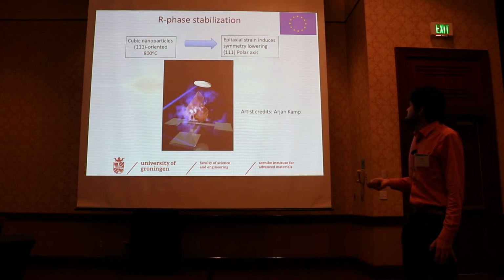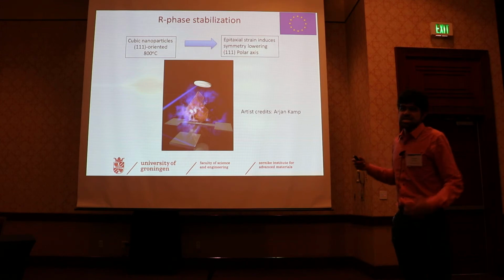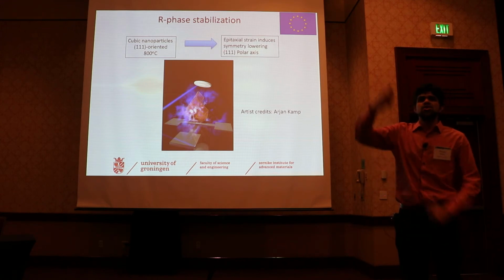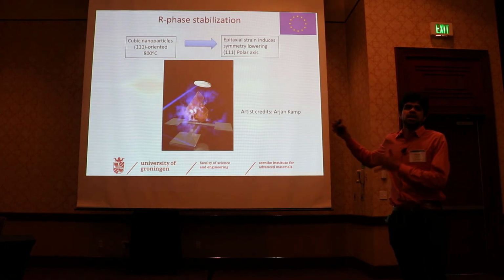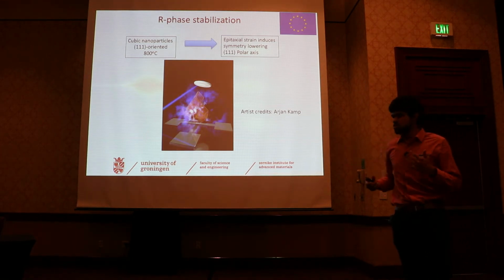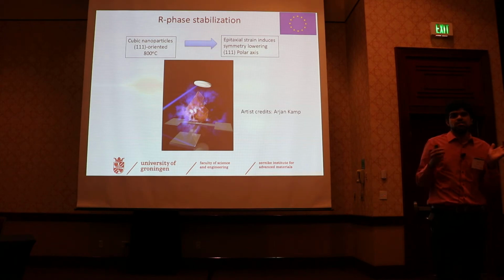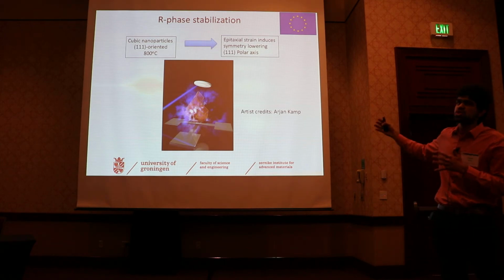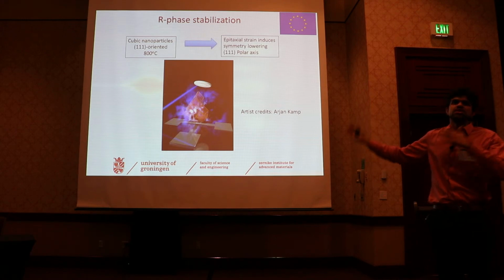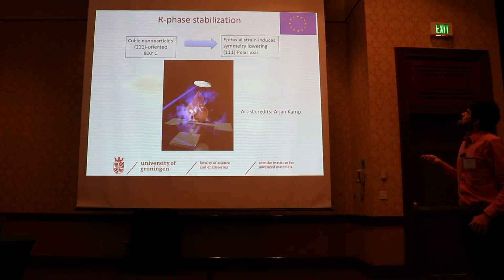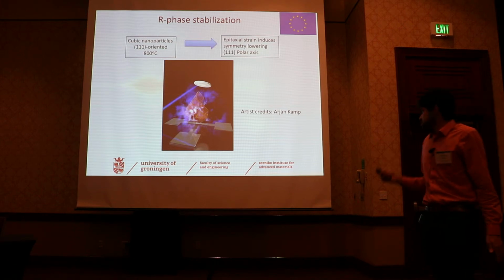And to that cubic phase, if you add an epitaxial in-plane compressive strain, you extend it along the 111 direction, stabilizing a rhombohedral phase. So again, this is a growth path. How you grow determines whether you get the rhombohedral phase or not. So this is a simple model to get this rhombohedral polar phase.